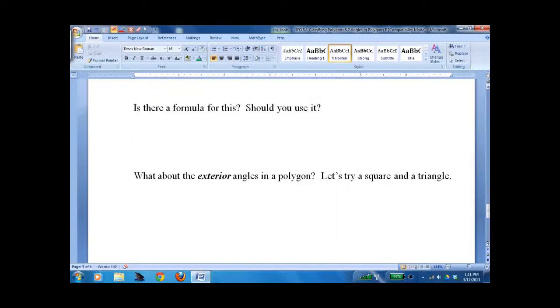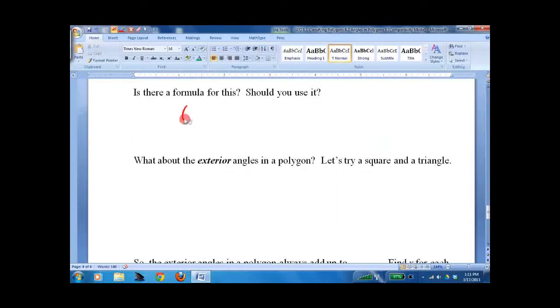If you really want, you can use a formula, which we just basically derived. N stands for number of sides. Subtract 2 and multiply by 180.